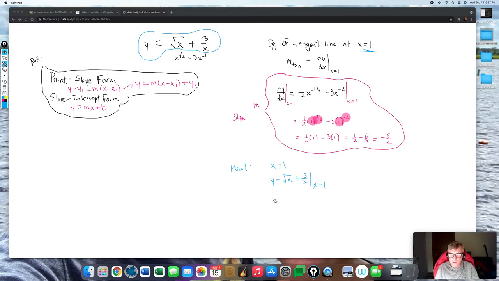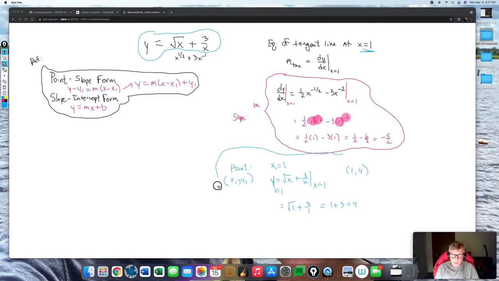I have to evaluate the slope, which is dy dx at x equals 1, and then also the value of the function y. All right, so this is going to be the square root of 1 plus 3 over 1, which is 1 plus 3, which is 4. All right, so the point is our x1, y1, if you will, right? And that is the point 1, 4.